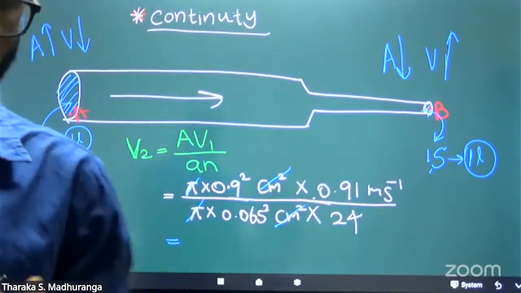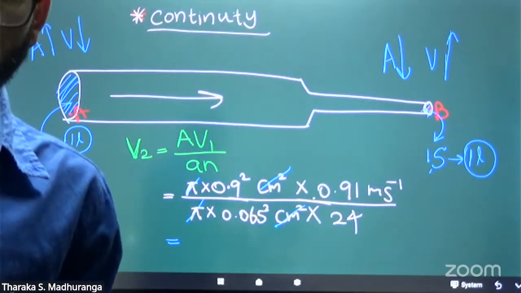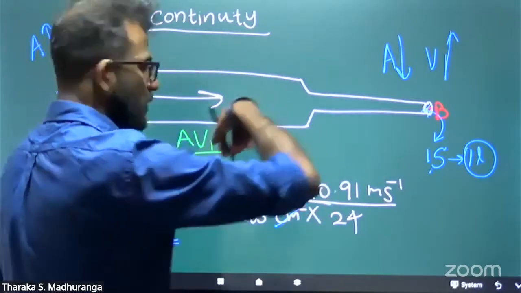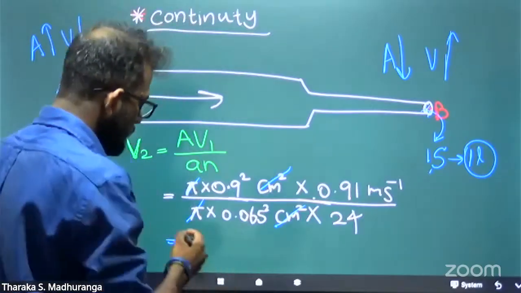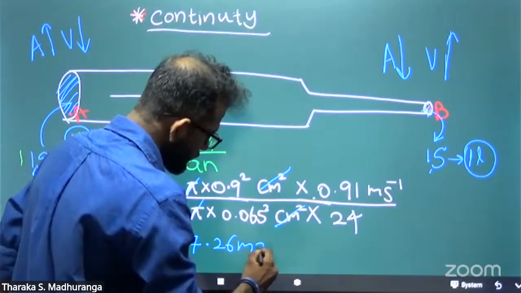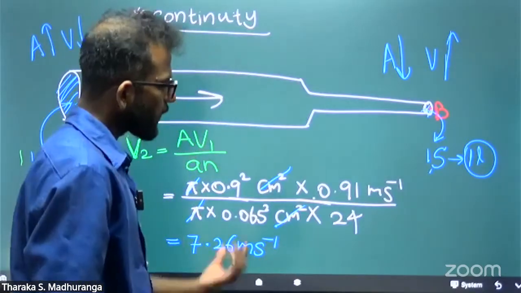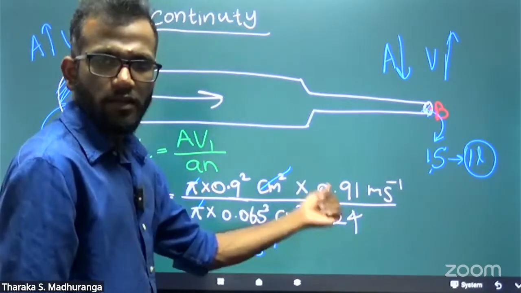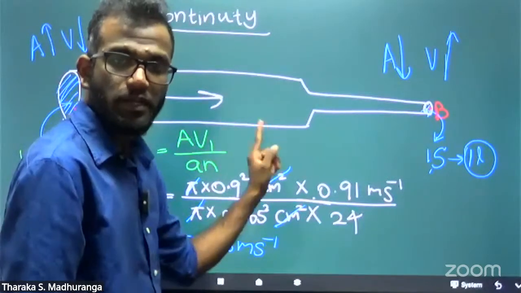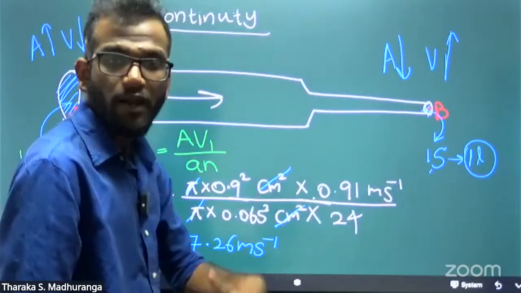Okay, what's the answer? Yes. It is 7.26 meters per second. Now you can understand: inside the pipe the water flowing speed V1 is 0.91, less than 1 meter per second.